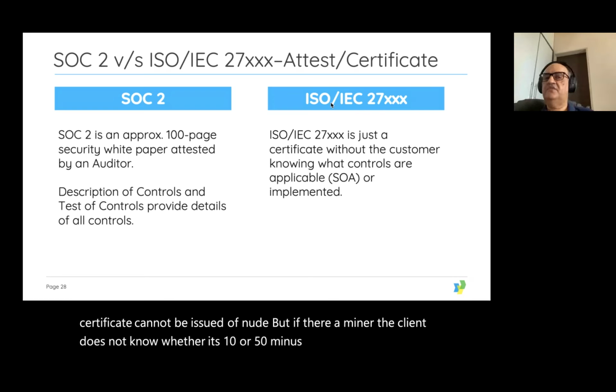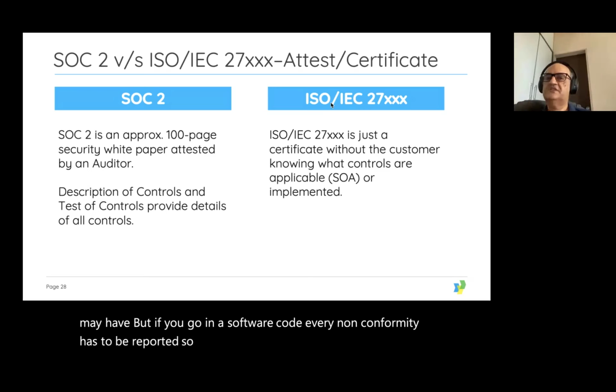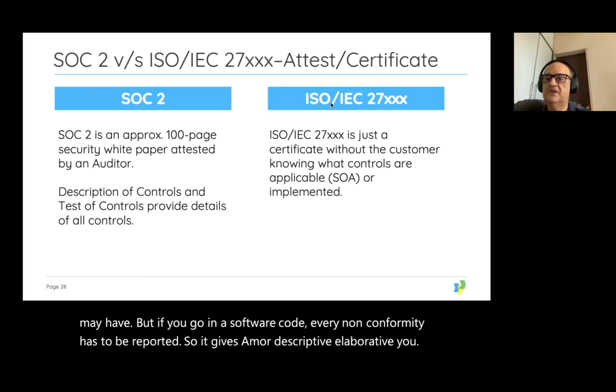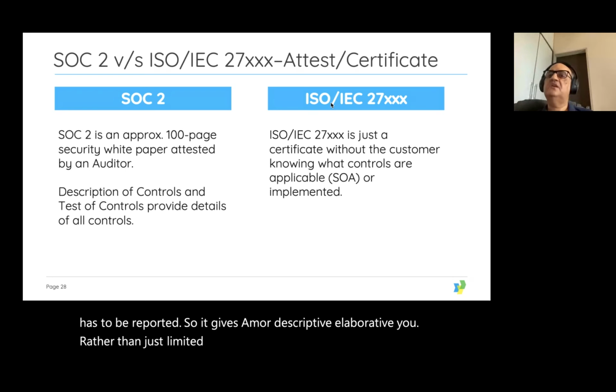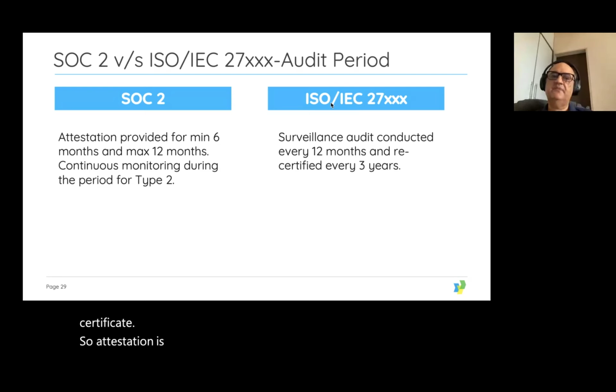But in a SOC 2 report, every non-conformity has to be reported. So it gives a more descriptive, elaborate view rather than the limited view given in the ISO IEC certificate. Attestation is provided for a minimum of 6 months and a maximum of 12 months.